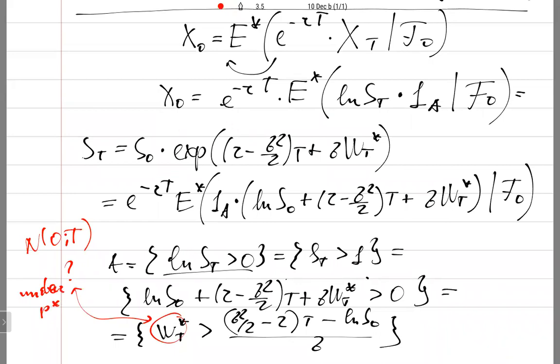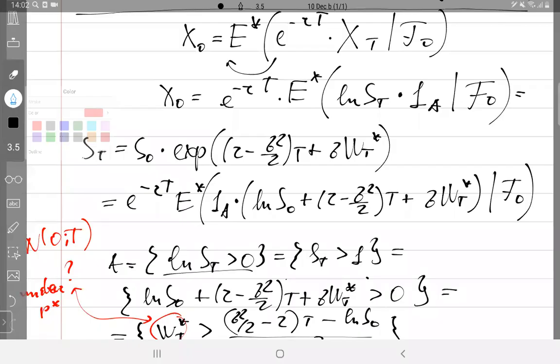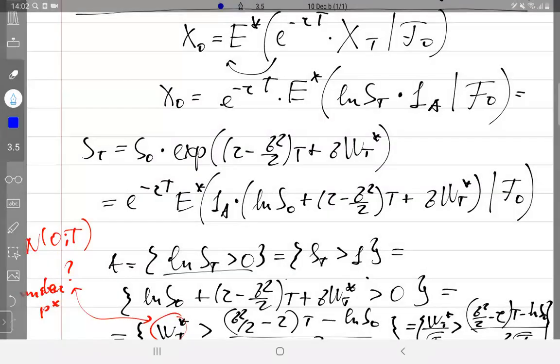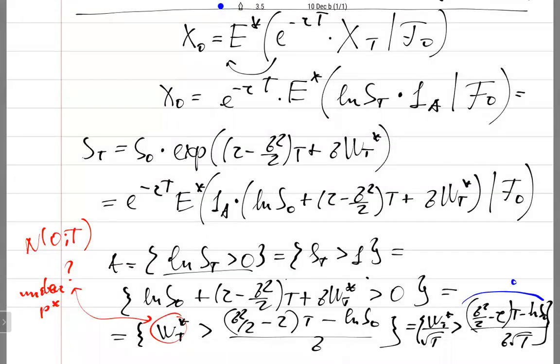So to make it standard normal, we divide by the square root of T. So WT star divided by the square root of T is greater than ((sigma squared over 2 minus r)T minus logarithm S0) divided by sigma square root of T. And let's denote this constant by d.